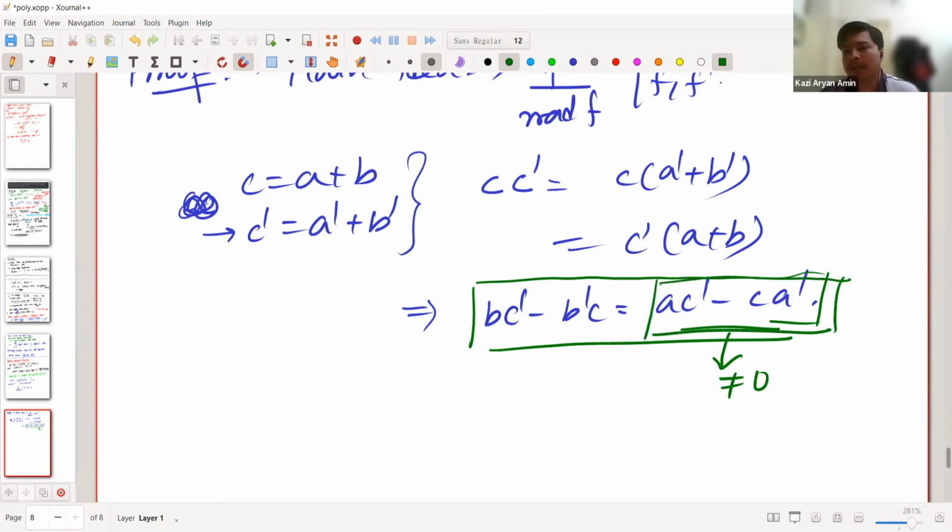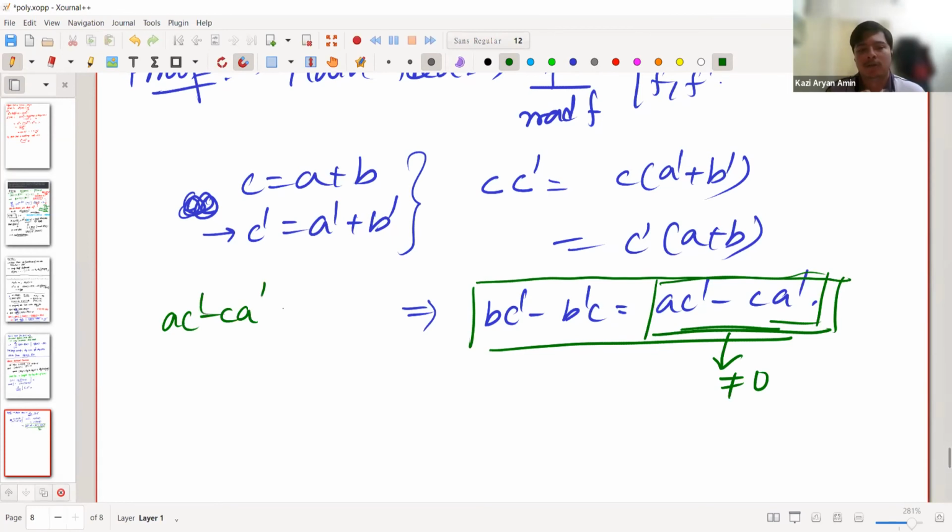We will look at the factors of the polynomial ac dash minus ca dash, and we will show that a lot of stuff divides this polynomial, and by a lot of stuff I mean something of higher degree than ac dash minus ca dash. If the theorem were to be false, that would not happen.